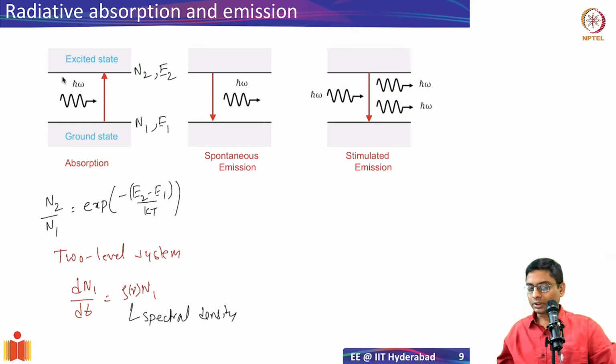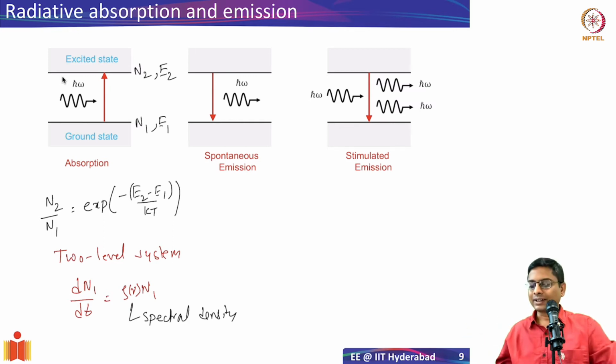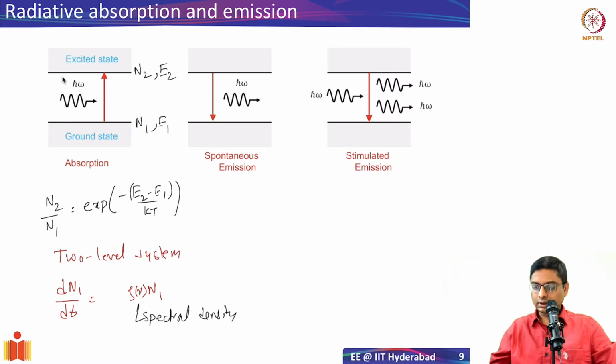So now what else? There is also a finite probability of this transition happening, and Einstein gave this a name, he called it a B coefficient. So Einstein said this is going to depend on a coefficient B12.